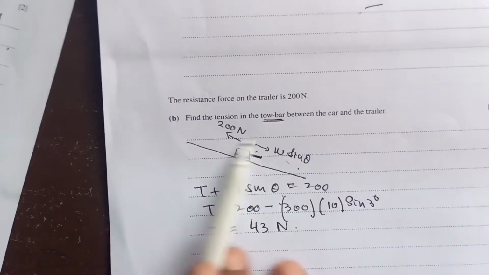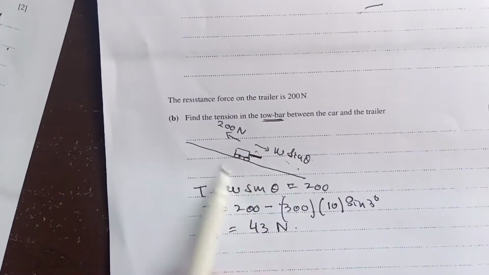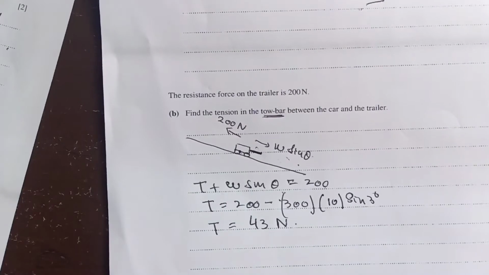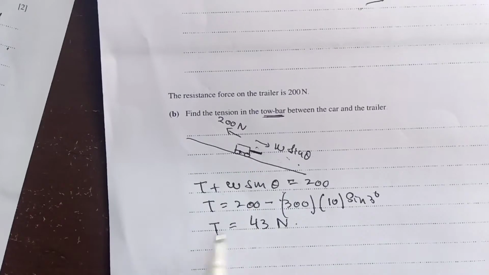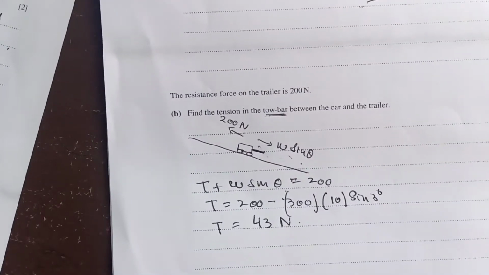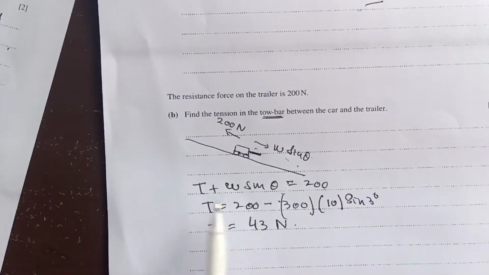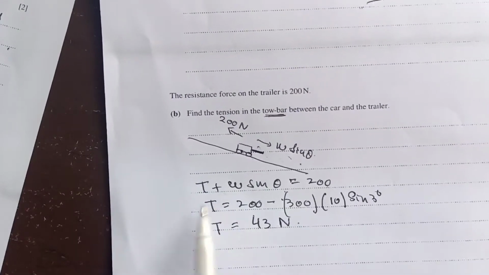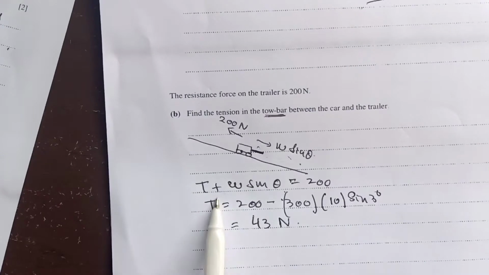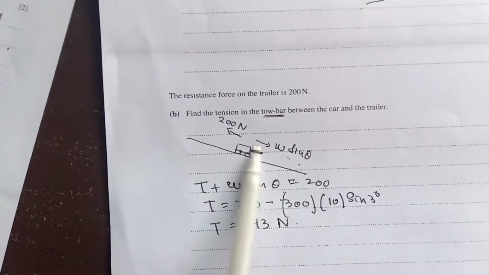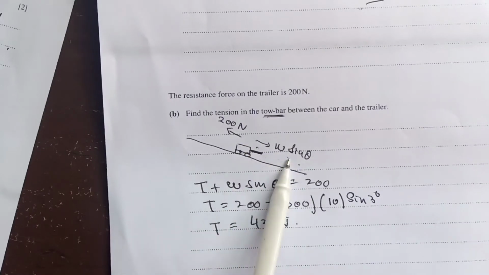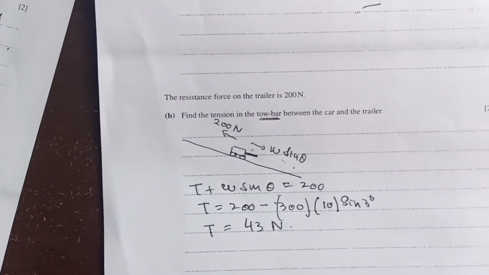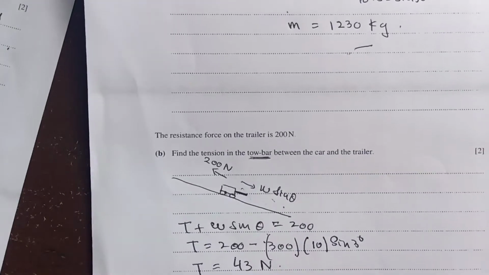It is the weight sine theta of the trailer plus the tension. So this is how you get the answer. If you don't put the tension here, it will be a mistake. So it is important to put the tension plus the component of the weight which is moving down. Okay, now we are going to do number 4.